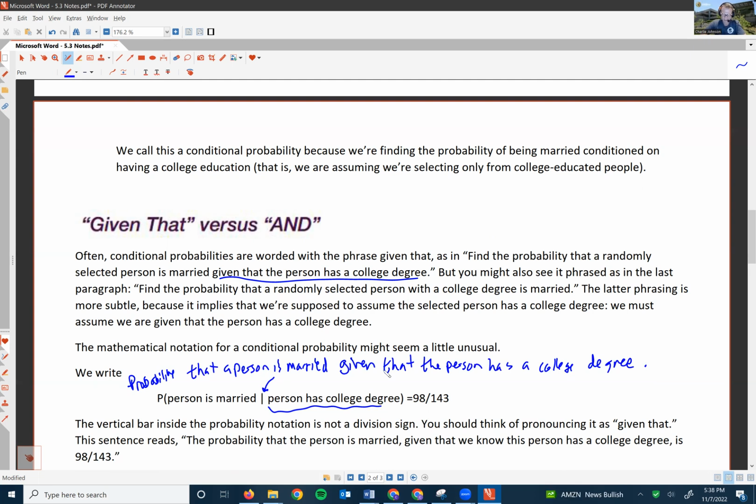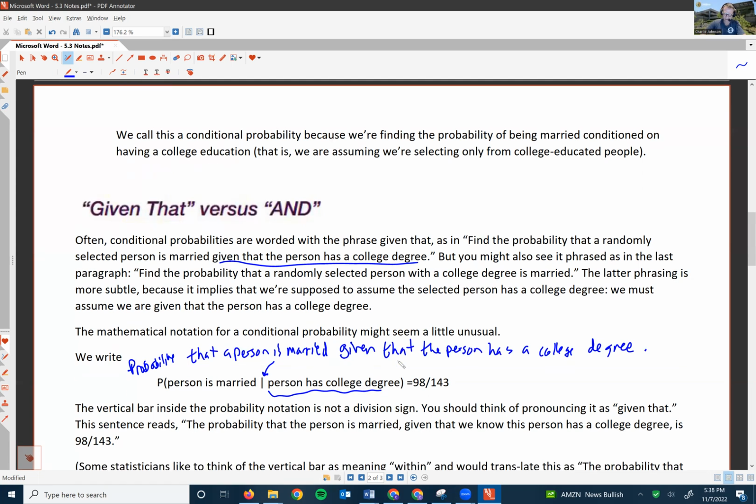The vertical bar inside the probability notation is not a division sign. You should think of pronouncing it as "given that." The sentence reads, the probability that the person is married, given that we know this person has a college degree. And we know that's 98 out of 143, as we have seen.